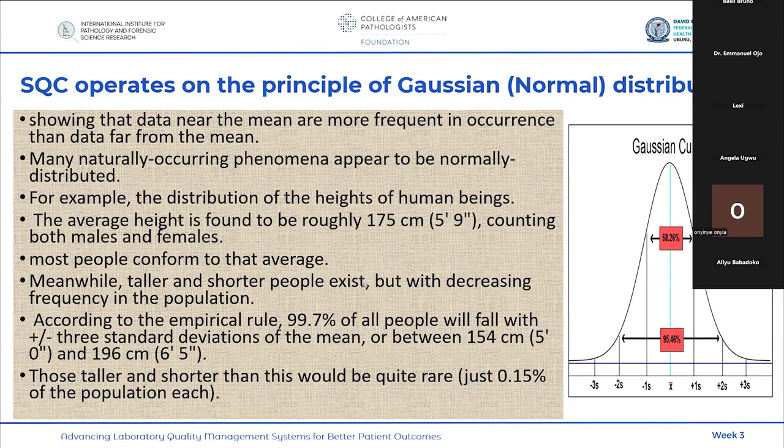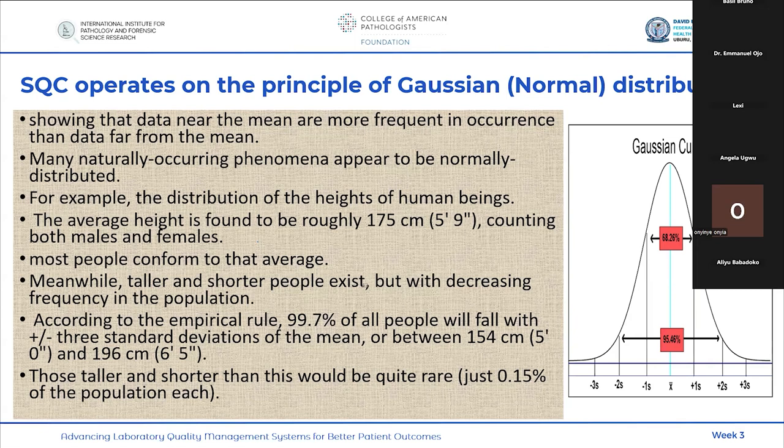And I've taken time to explain this here, that this principle simply means that there are a lot of naturally occurring phenomena. And what this means is that these are often normally distributed. The normal distribution will mean, and then I give an example of the distribution of heights of human beings.